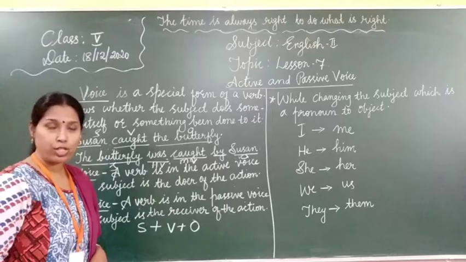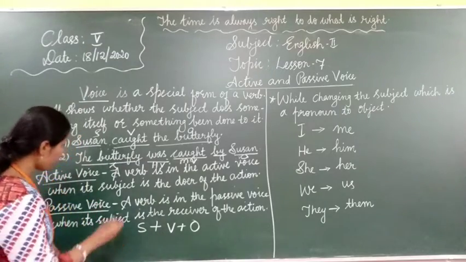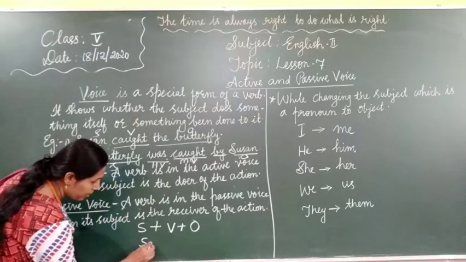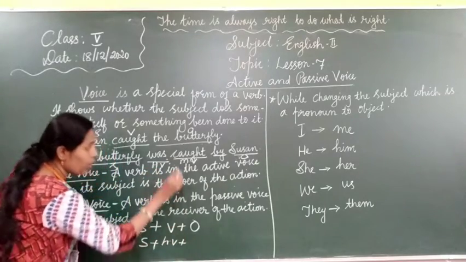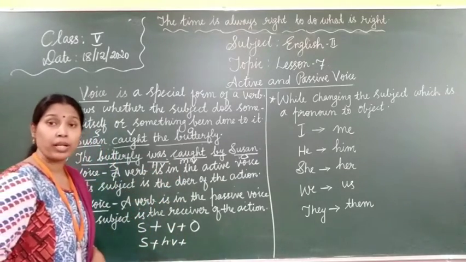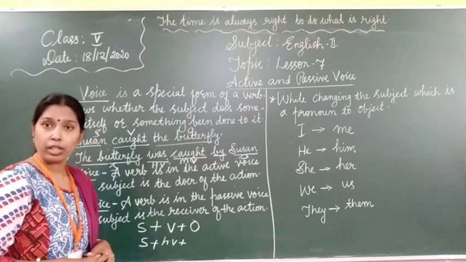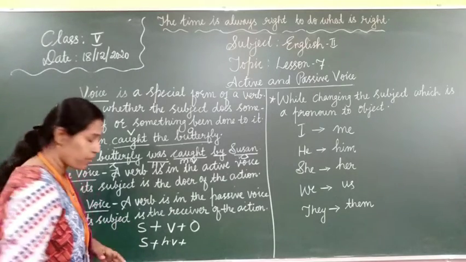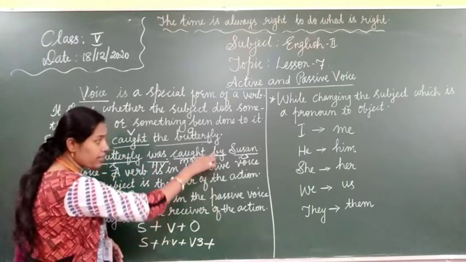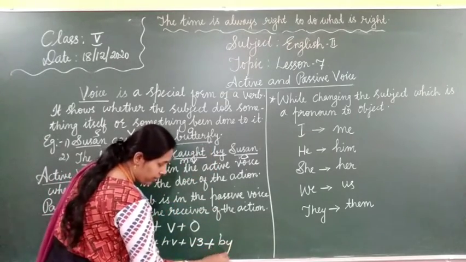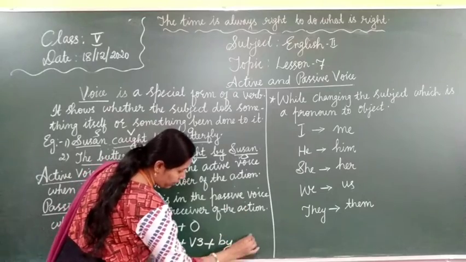So the sentence structure for passive voice is subject plus helping verb plus main verb, that should be in V3 form, that is the past participle form. So verb 3 plus by, then object.